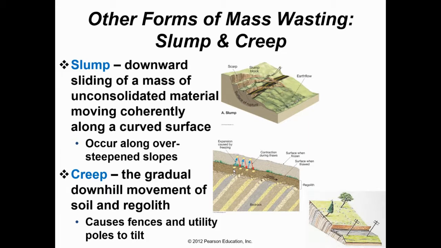The next day that ice will melt, turn back to water, and that releases pressure against the soil, so the soil might move back a little bit to readjust. Then the next night it reoccurs. So what you're seeing basically is this very slow movement downhill over time as a result of the freeze-thaw cycle.